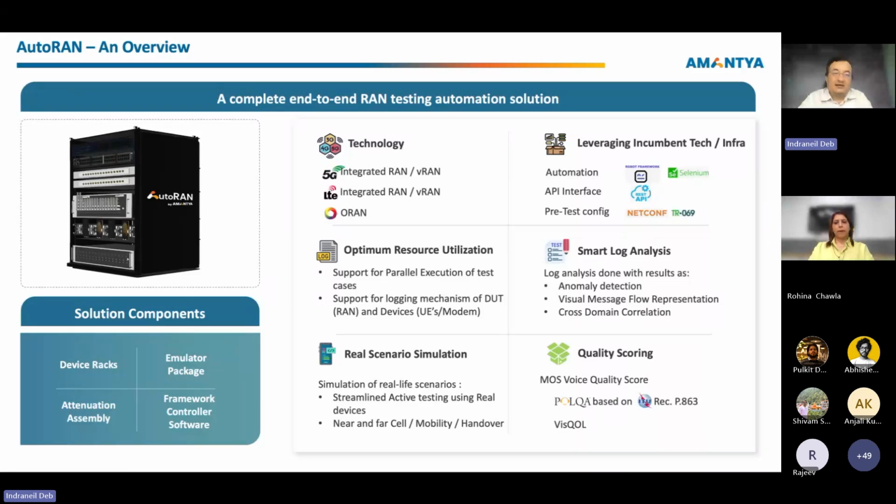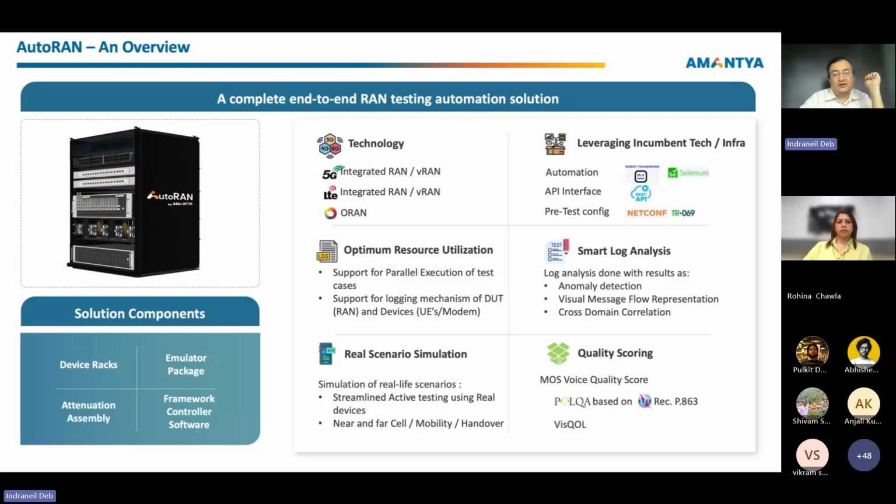As and when messages are being exchanged across the network between the UE and the DUT and the network, a ladder diagram is also getting created simultaneously, which can give you a visual representation of what is going on in the network. It helps us to understand the test more clearly and be quick to arrive at an understanding of whether the test case is proceeding as per expectations or there is something wrong.